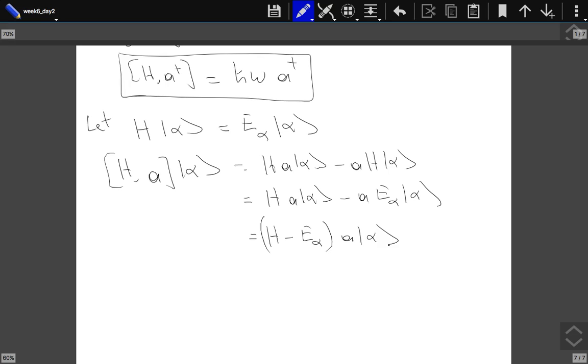Now what I did was in the second term, E alpha, since it's just a number, it commutes with a. I just move it to the left. On the other hand, I know that the commutator of H with a is nothing but minus h bar omega a. This is the commutator.